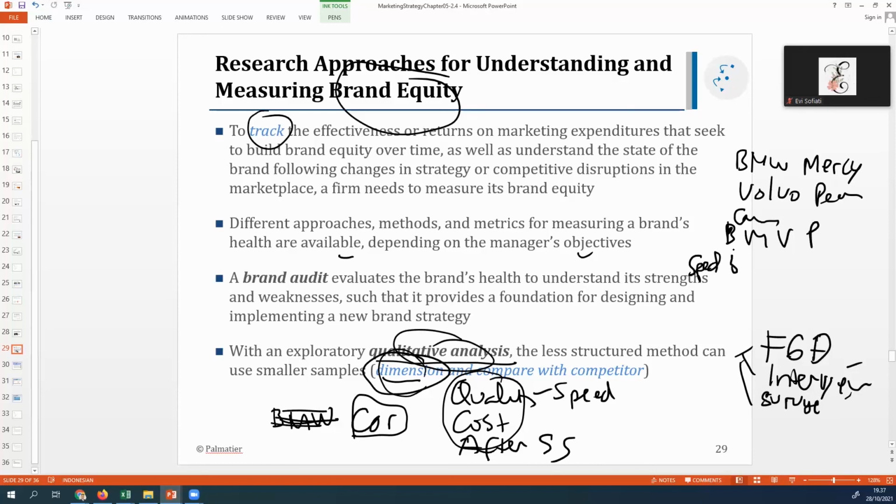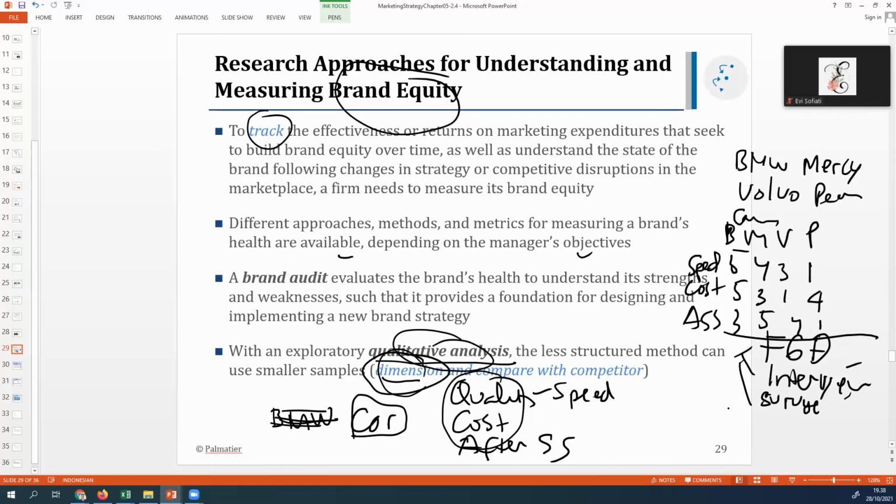Okay, BMW 5, Mercedes 4, 3, 1. Okay. And then the cost, the price towards the product. Okay, this is 5, 3, 1, 4. What else? The after-sales service. BMW 3, 5, 4, 1. And then we calculate, this is 13.